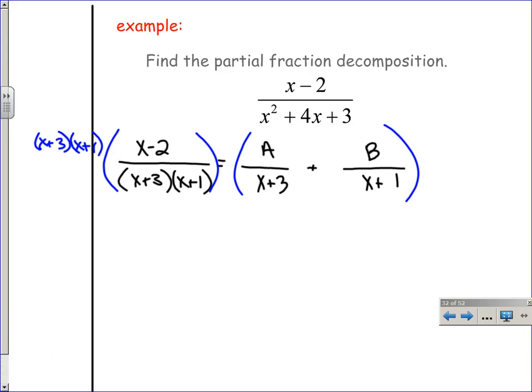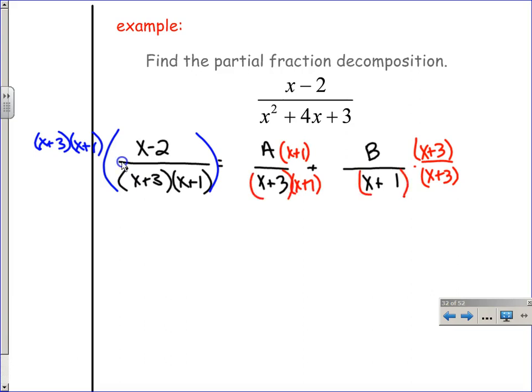So just in case it helps, another way of looking at this, if some of you got it from the example that we did at the beginning of class, just go for it. For the rest of you, what you could do is say, okay, I need a common denominator, so I need x plus 3 times x plus 3, and x plus 1 times x plus 1. If it helps you, you could get little baby common denominators, and then what happens to everybody? They all have the same denominator.